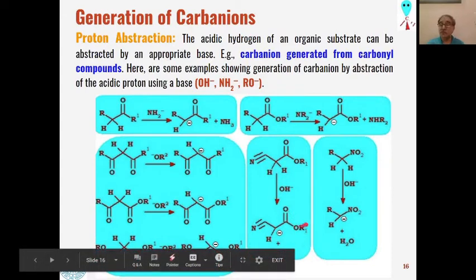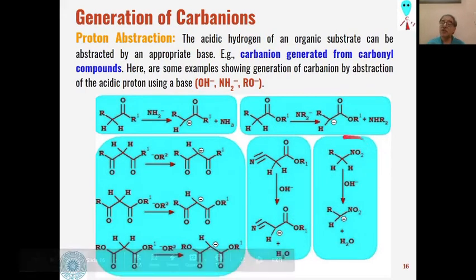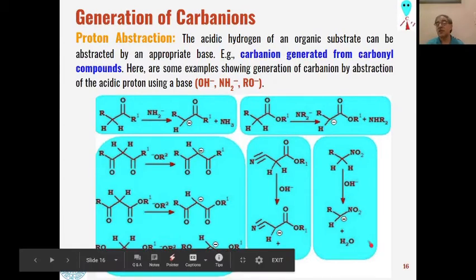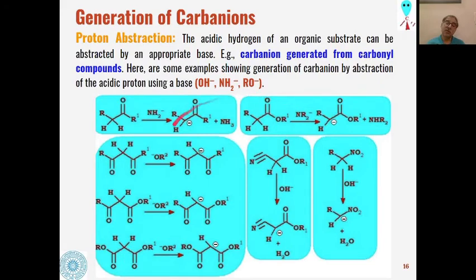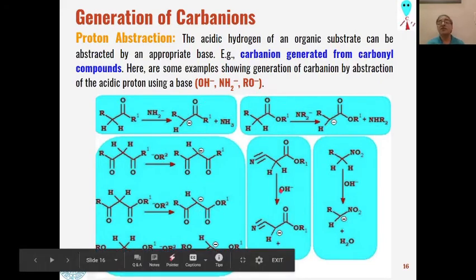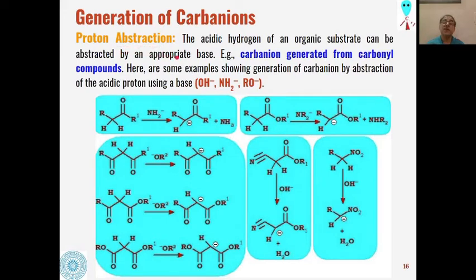Similarly, nitroalkanes, because of the presence of electron withdrawing nitro group, this proton becomes very acidic, and in the presence of a base, these can be easily converted into carbanions. So there are a number of examples wherein the carbanions can be generated by proton abstraction.